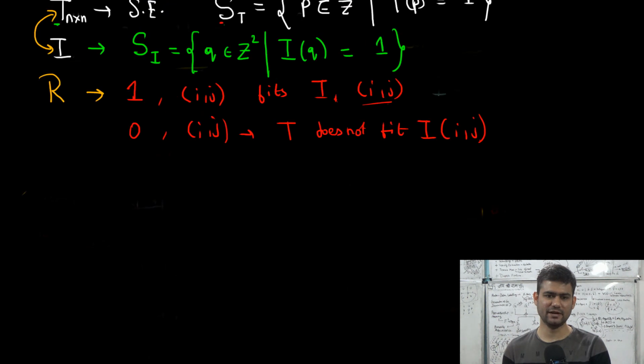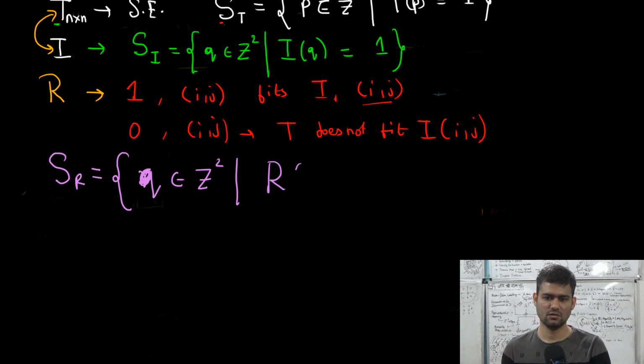So again, we can define a set SR, which is a set of all coordinates Q, because we typically use R for rows, set of all coordinates Q in Z square such that R of Q is equal to 1.